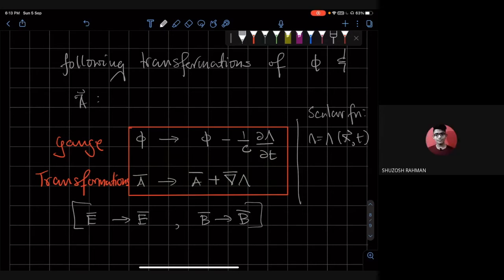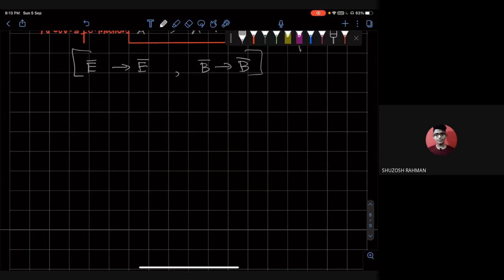No, sir. Okay. So let me conclude with a few comments, and next time we will show how these gauge fields and gauge transformations are important in quantum mechanics. But let me just make some comments here.